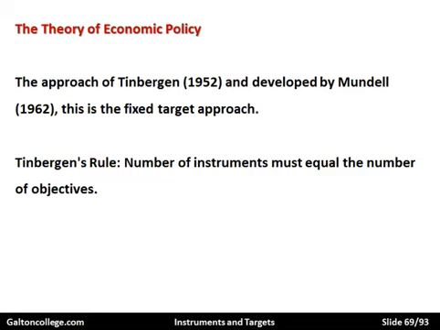The objectives or the targets must equal the number of instruments. As I said, quite a sophisticated treatment of economic policy, a very mechanistic treatment of economic policy, looking at the economy almost like a machine with buttons and levers. It's a question of getting the sequence right and understanding the mechanism, how the economy worked.